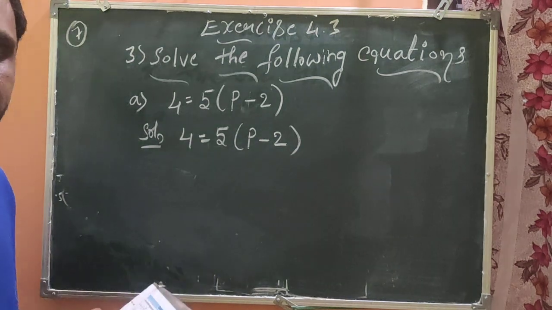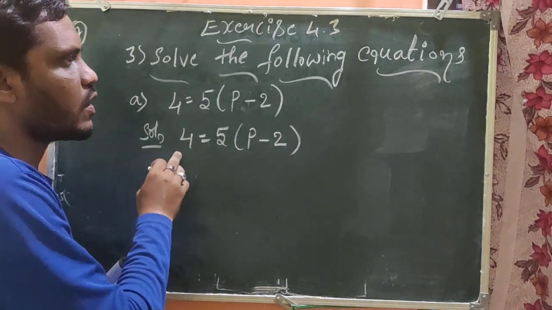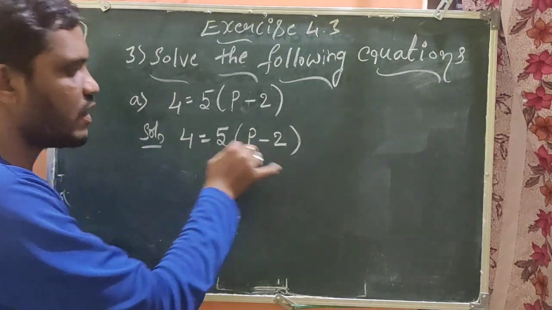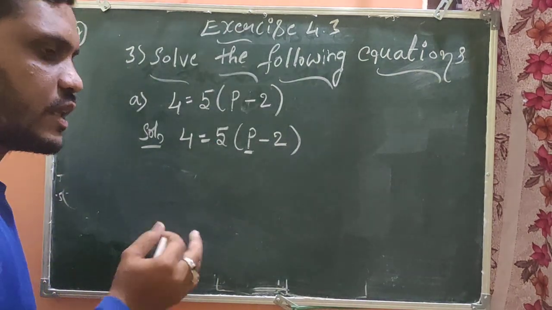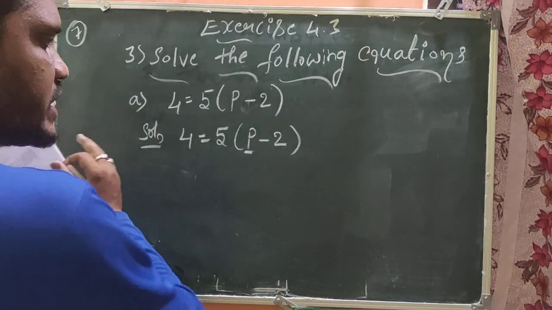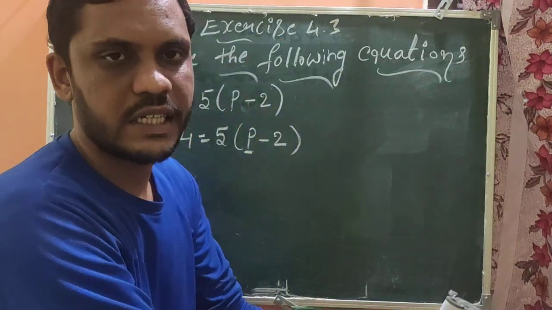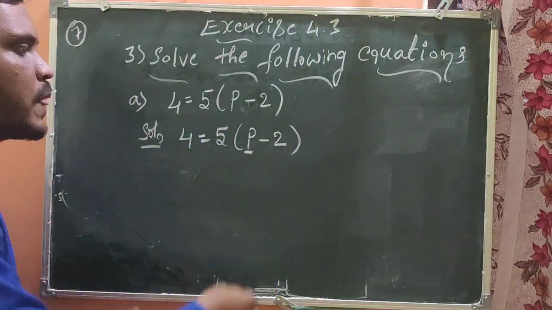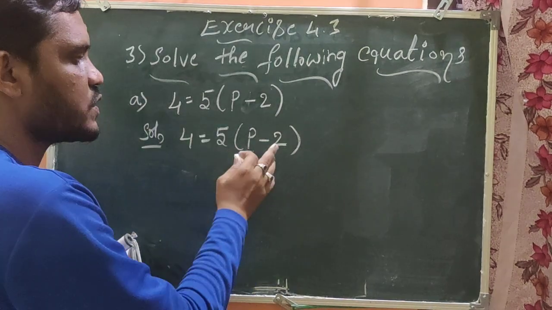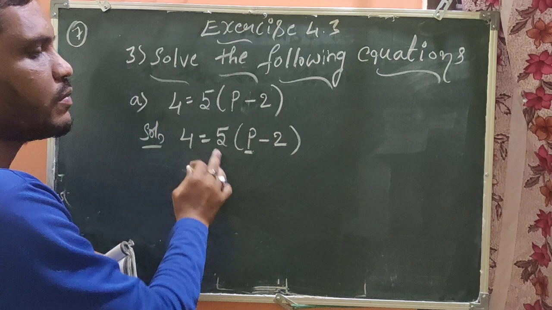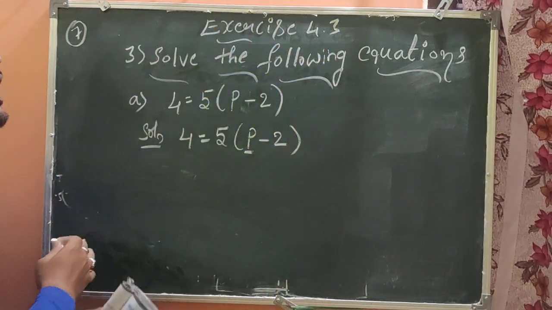So here we have to solve the equation, that is, we have to find the value of the unknown variable. In the previous problem we shifted from the LHS side to the RHS side. In this problem the unknown variable is in which side? RHS side. So we should shift these numbers from the RHS side to the LHS side.